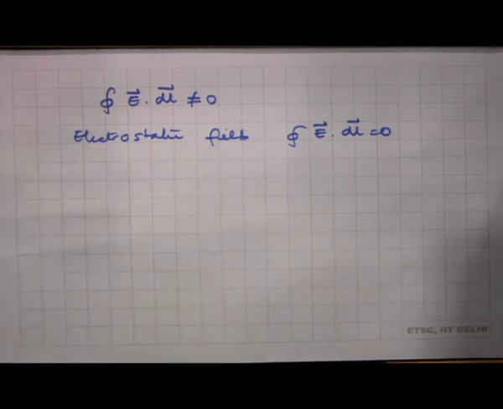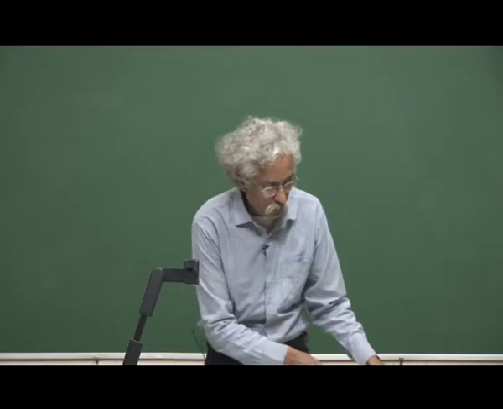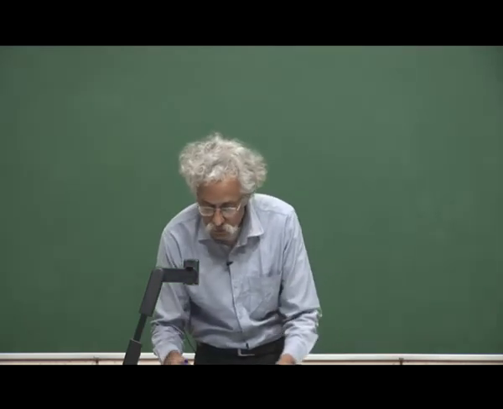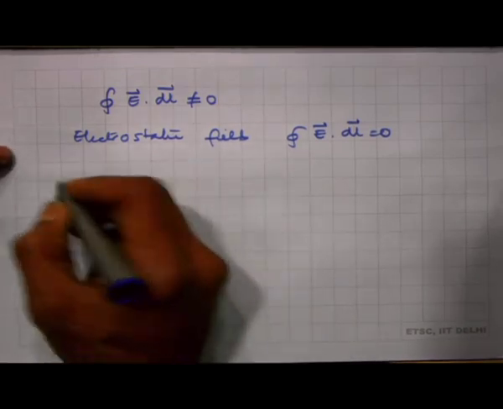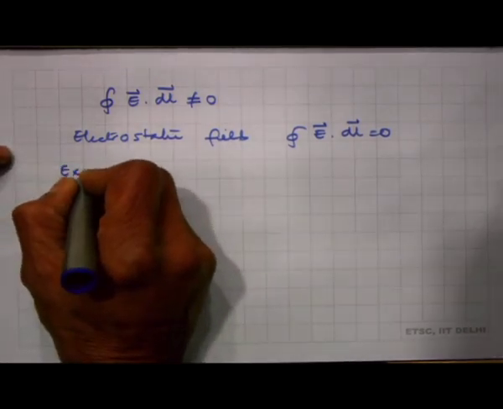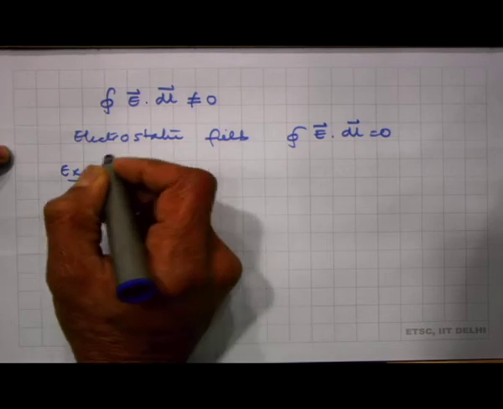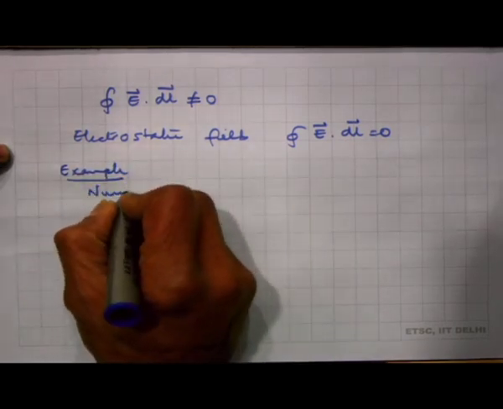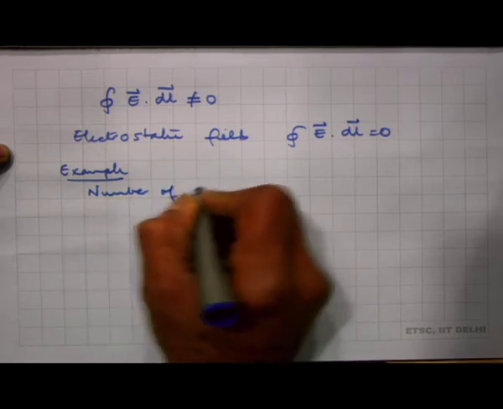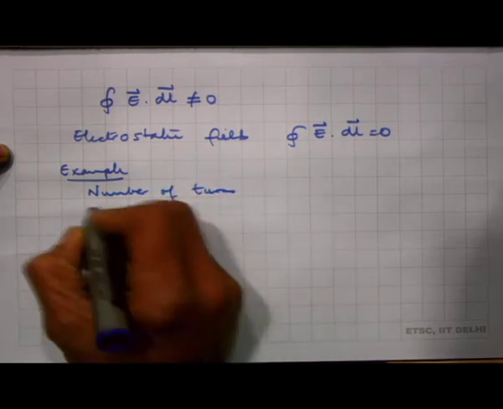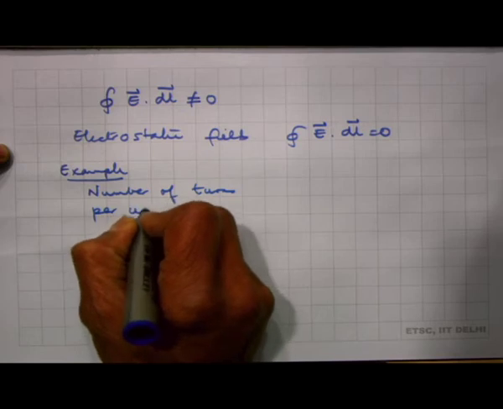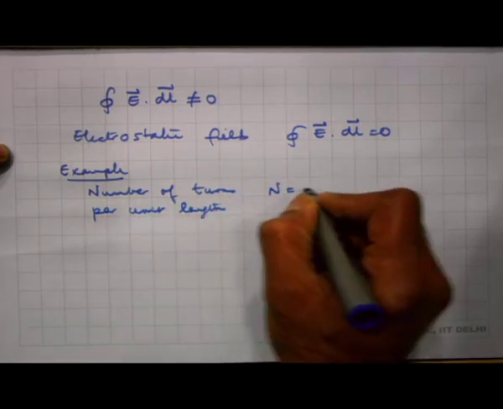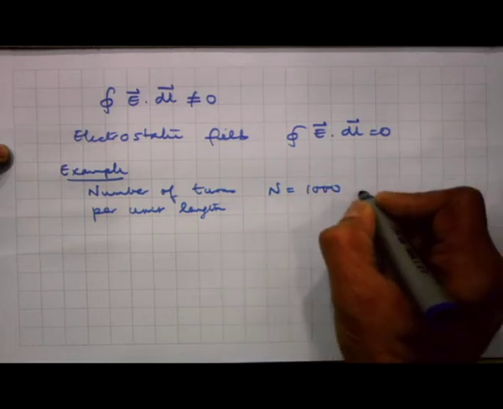So, let me calculate some value here. For this example, small r is the radius of the solenoid. Let me assume as an example the number of turns per unit length n is equal to 1000 per meter.